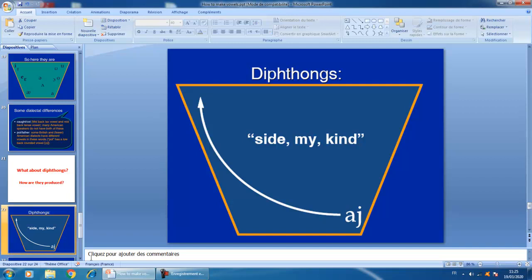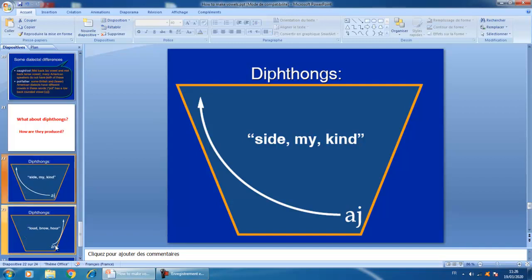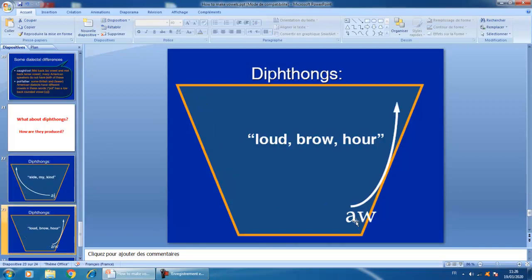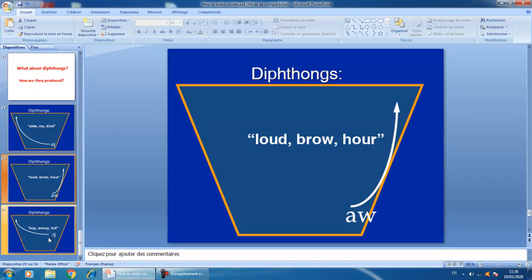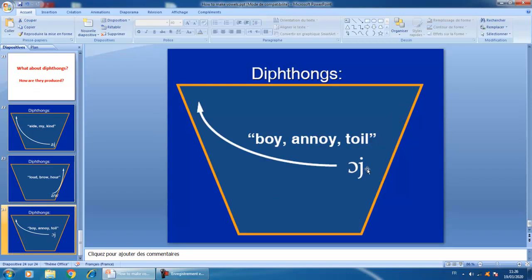Next, we have got another diphthong that exists in English. It's this one here. Remember the vowel A, and here we are going towards U. We obtain something like ow, as in words like loud, brow, hour. The next diphthong that I need you to remember is oi.